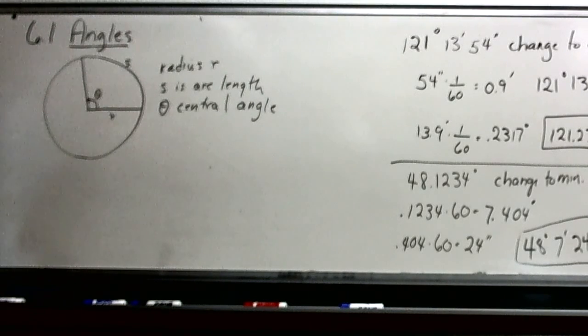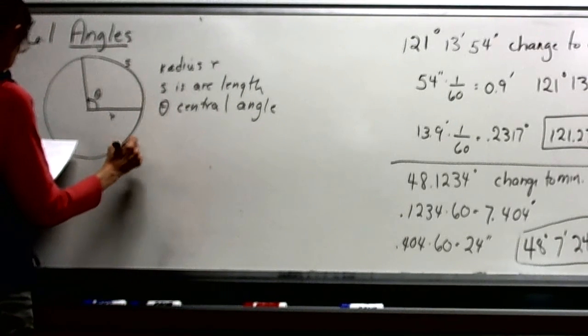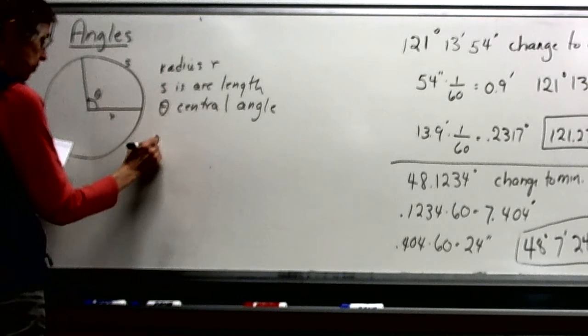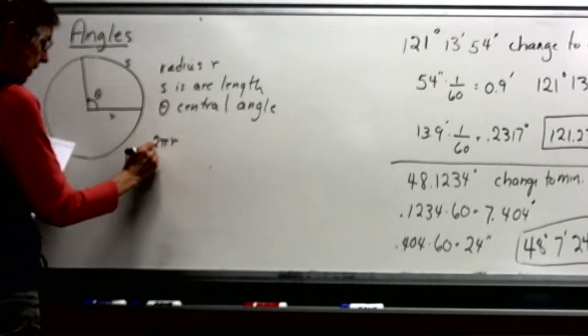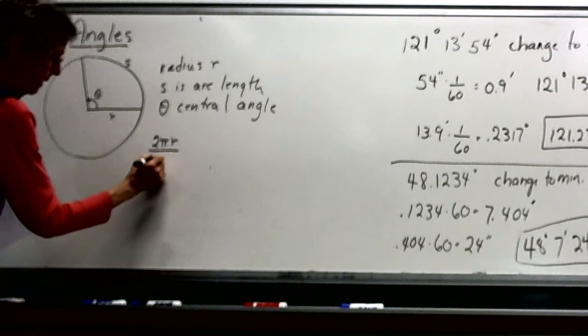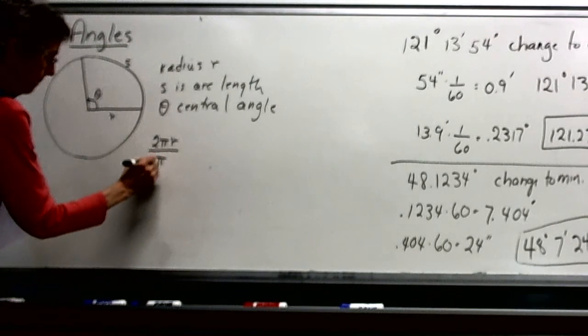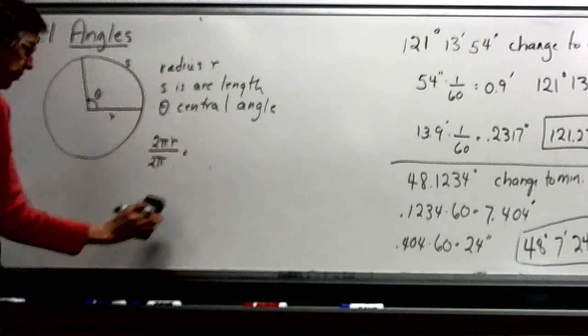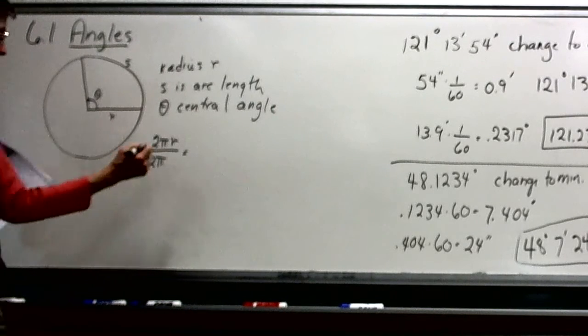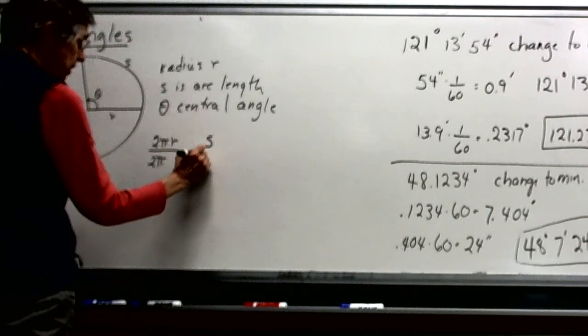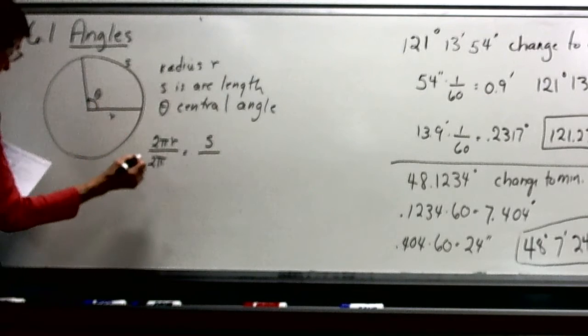We can set up a proportion that says the circumference of the circle, 2 pi r, divided by the central angle, 2 pi, is proportional to, in this picture, the arc length s divided by the central angle theta.